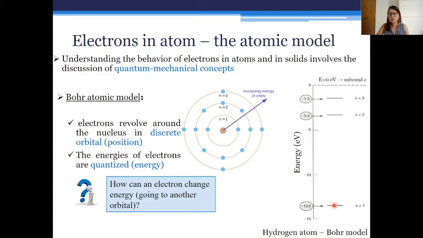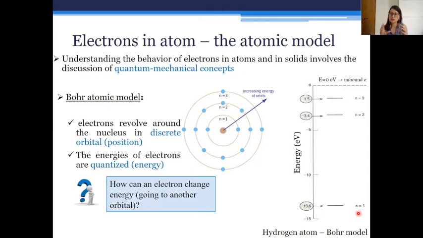For this electron to go to an orbital of a higher energy value, I need to give it some energy. And the energy I have to give it must be equal to the difference of energy between this level and the first one, the initial one.